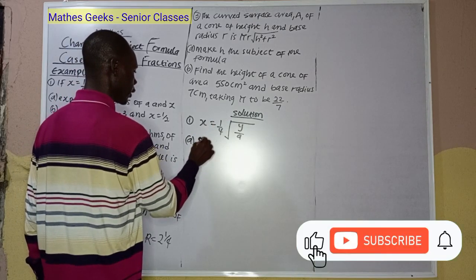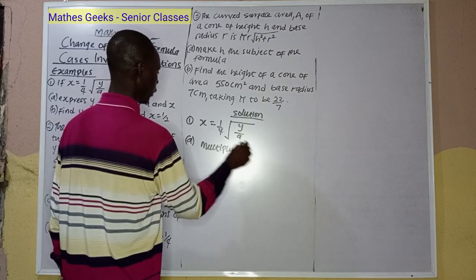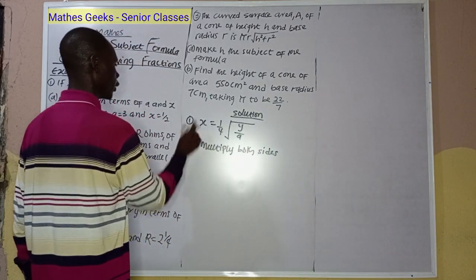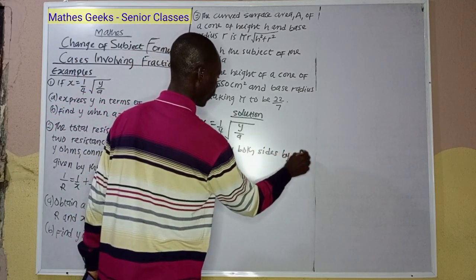So we're going to multiply both sides by 4.